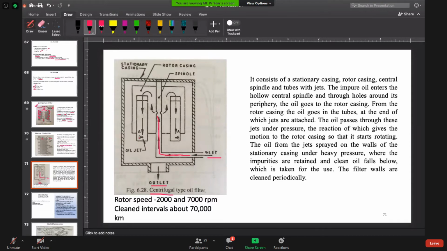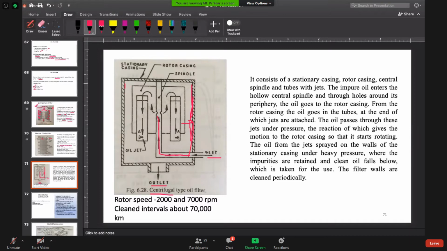Okay, however, if you see the actual centrifugal filter, the oil moves from the inlet inside it, and since it is rotating at a very high speed, at a very high rpm, the impurities, being heavier than the oil particles, try to go towards the periphery, and they get accumulated on the circumference, or we can say the inner surface of the outer walls of your oil filter.